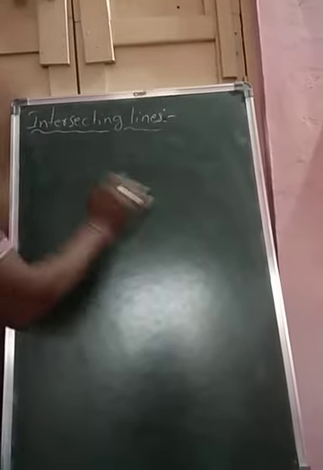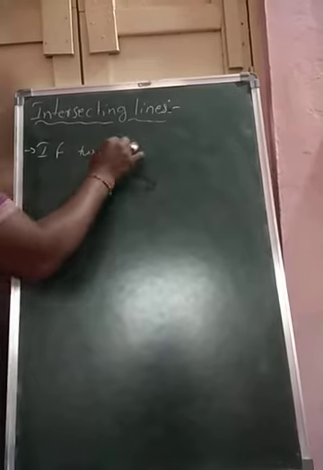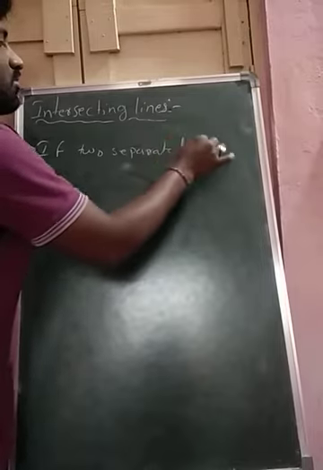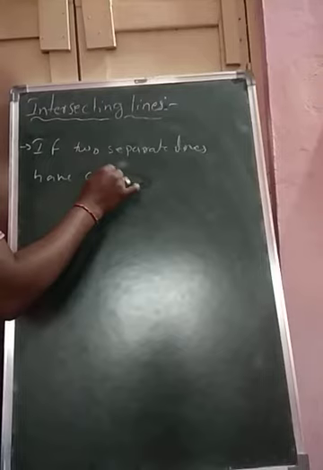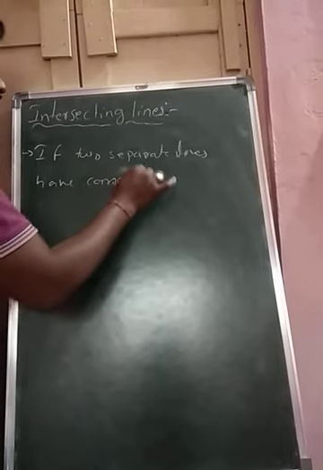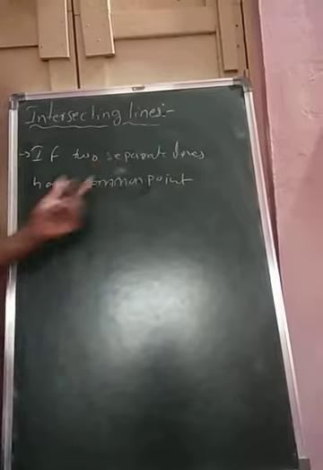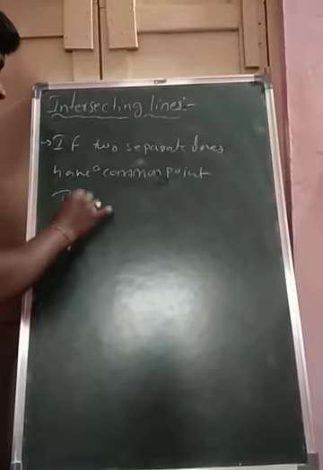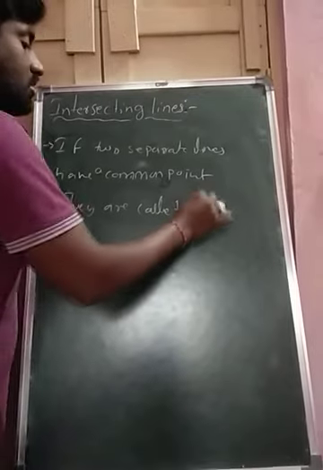Intersecting lines means if two separate lines have a common point, they are called intersecting lines.